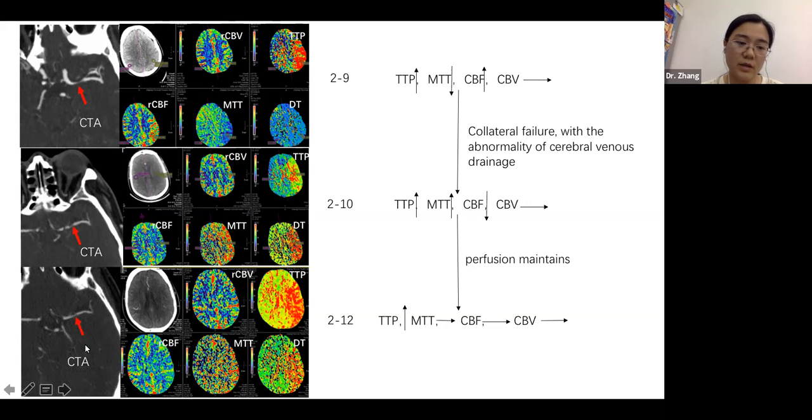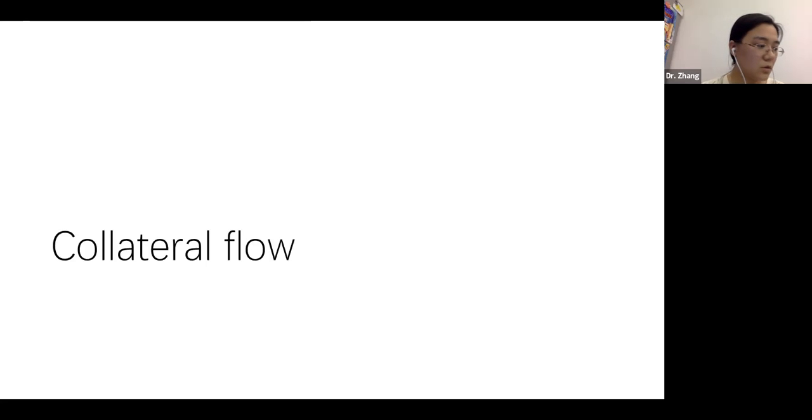And from the baseline to the third day's CTA, they look the same. So there is no obvious change of the stenosis, but the perfusion changed. So after this case, let's discuss something about the collateral flow.